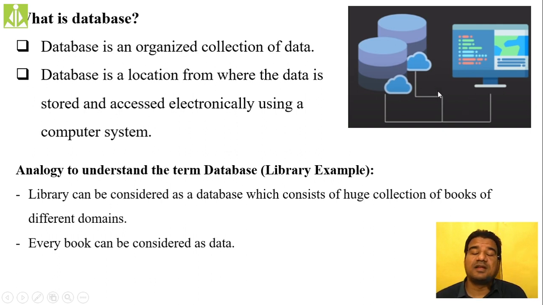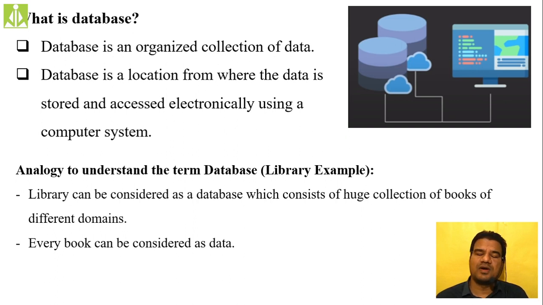To understand the difference between data and database, we can take the example of a library. We can call the library a database because it has many different types of data stored in it. Many different types of books, where every book represents a particular data item, isn't it? We have different domains of data inside a library: computer science books, civil engineering, mechanical engineering, and also arts like MBA and B.Ed.